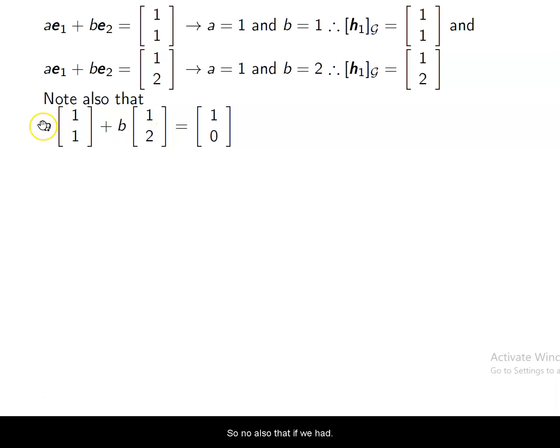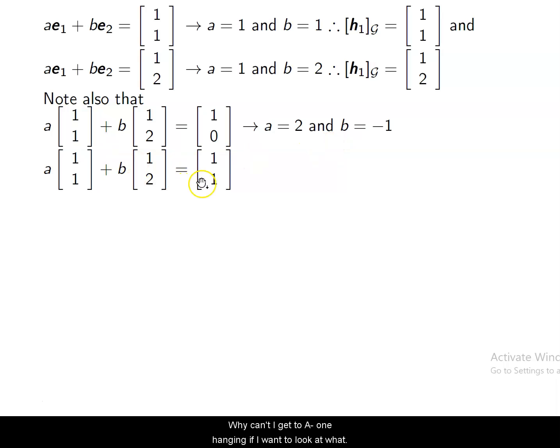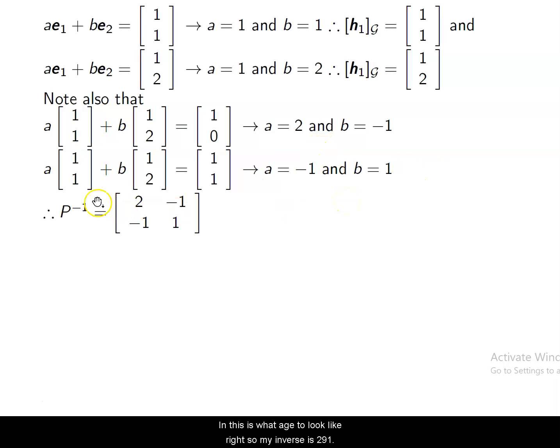So note also that if we had swapped this around, if I want to look at what G1 looks like under the basis of H, I can. I get 2 and negative 1. Okay. And if I want to look at what G2 looks like under its basis representation of H, then this is what H2 looks like, right? So my inverse is 2, negative 1 and negative 1, 1, right?